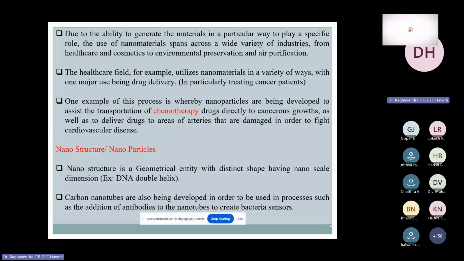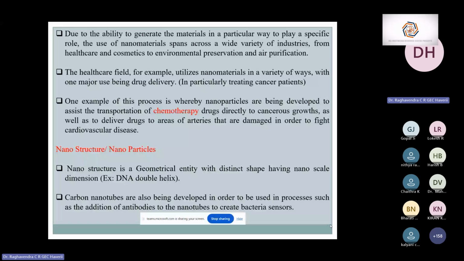Another example we can take is carbon nanotubes, wherein these carbon particles have tube-like structures where the diameter is less than 1 micrometer, or in the nanometer size. These are also being developed for processes such as the addition of antibodies to the nanotubes to create bacteria sensors.